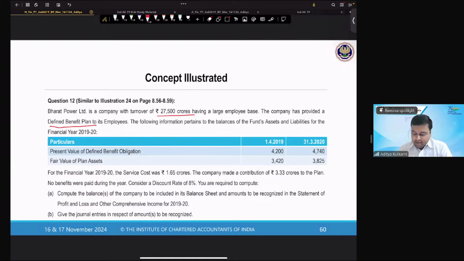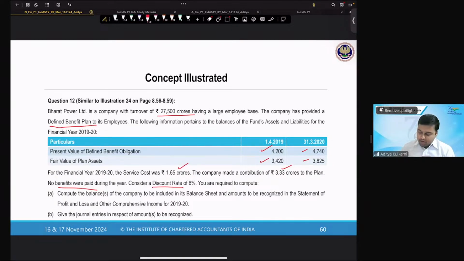You are having the present value of defined benefit obligation, opening balance, closing balance, fair value of plan assets, opening balance, closing balance. For the financial year 1920, the service cost was 1.65 crores. The company made a contribution of 3.33 crores to the plan. No benefits were paid during the year.